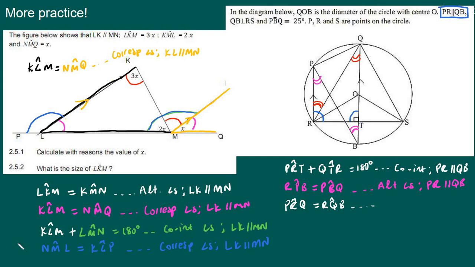Alternating angles, because PR is parallel to QB. Great stuff. Now, any more angles that we are seeing there, good people? And please do remember, the ones that are double shaded are equal, and the single ones are co-interior. Yes, ma'am?